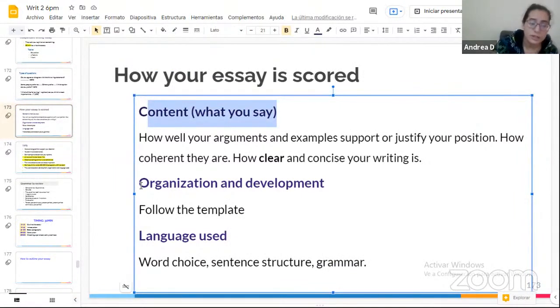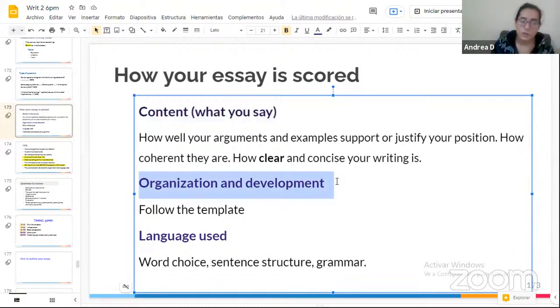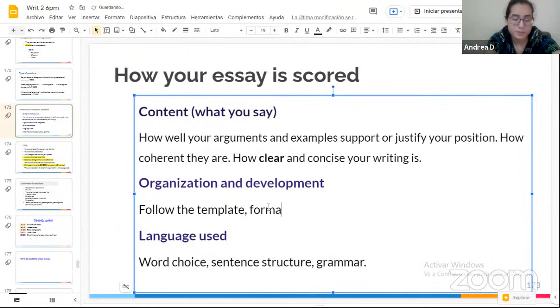Now they look at organization, development, which basically means how organized everything looks. So this is about using transitions, separating your ideas in paragraphs, not having just one paragraph. Format. It's about all those things, how organized it looks.